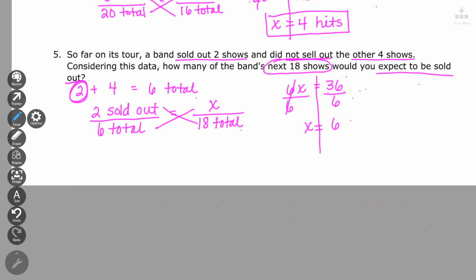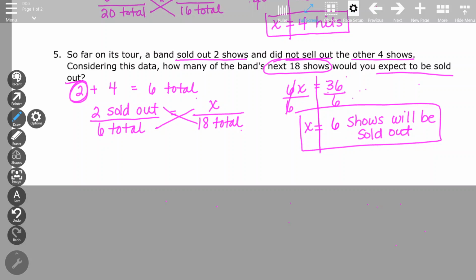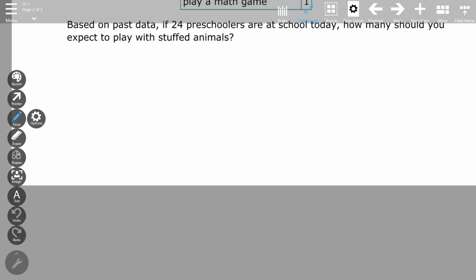So we know that 6 shows will be sold out if they play 18 more shows. That's the probability. All right, let's go ahead and look at the next one, number 6.